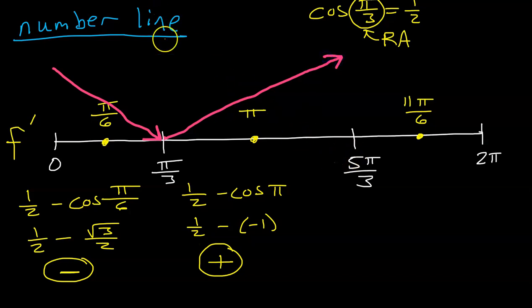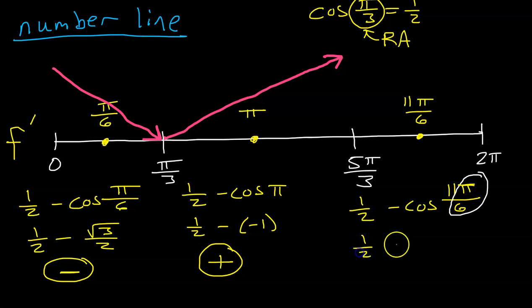All right, and the last section, evaluating at 11 pi over 6. So I'm doing 1/2 minus the cosine of 11 pi over 6. Remember, what matters is the reference angle, and the reference angle is pi over 6. I know that the cosine of pi over 6 is radical 3 over 2. So this is either going to be radical 3 over 2 or negative radical 3 over 2.